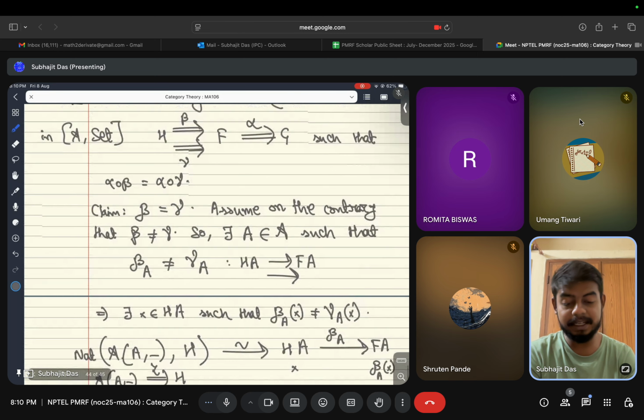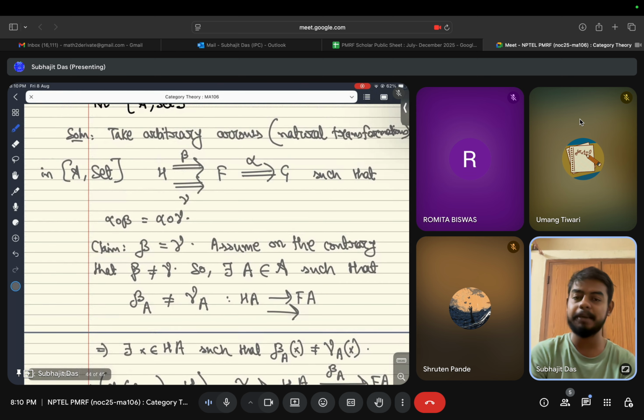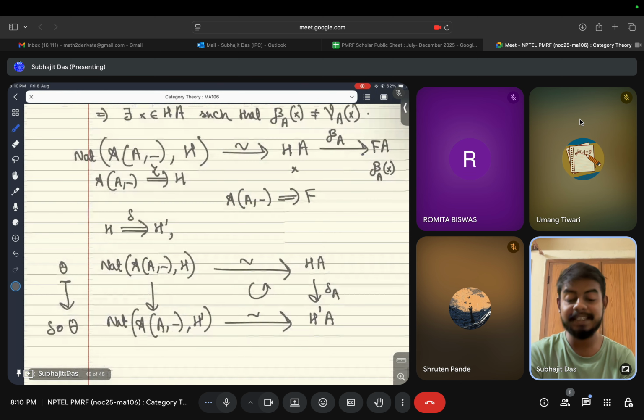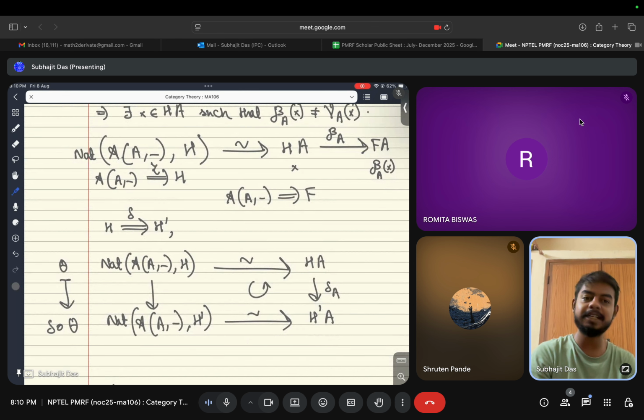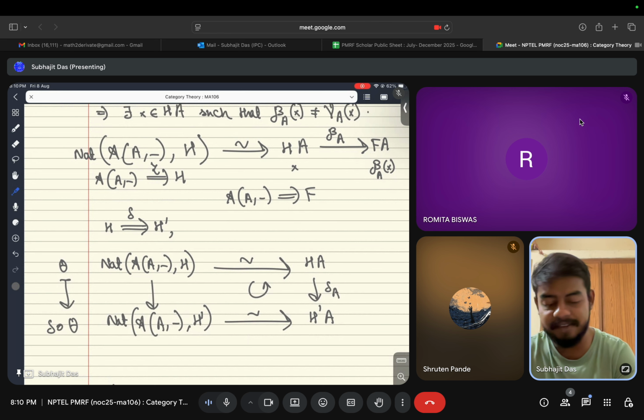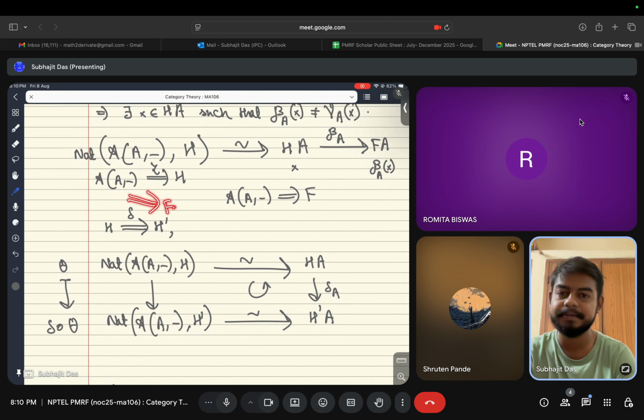So beta is a natural transformation from H to F, gamma is a natural transformation from H to F, zeta is a natural transformation from this to H. So what natural transformation from this to F can you possibly have, which corresponds to beta A x?